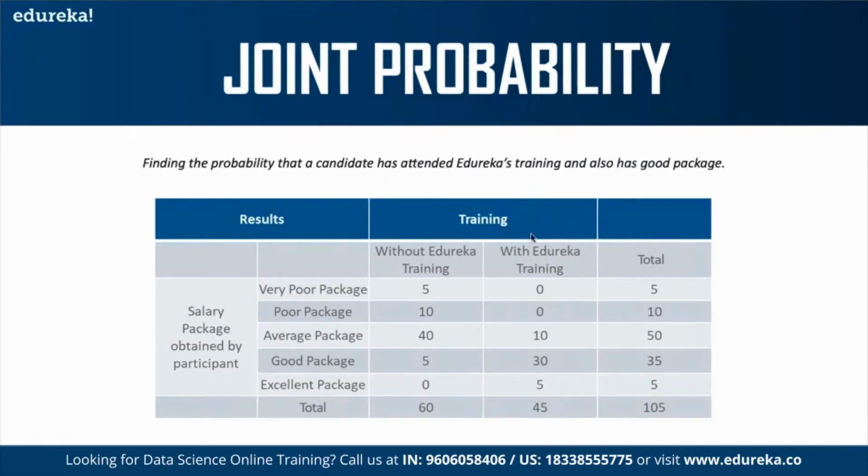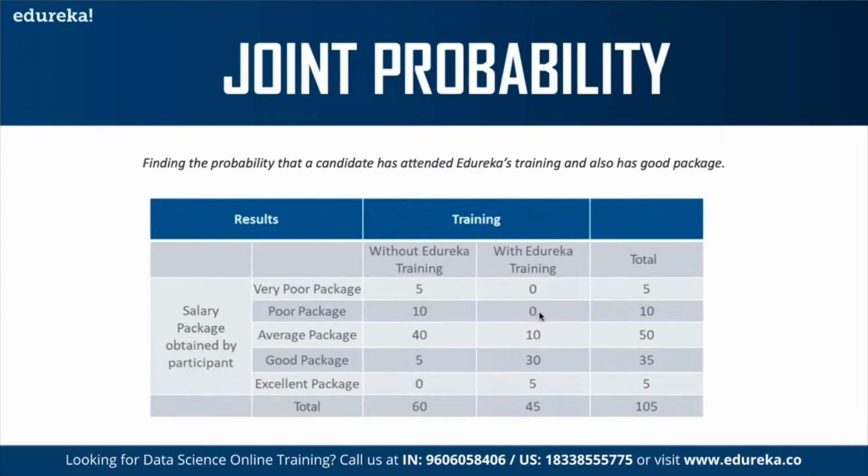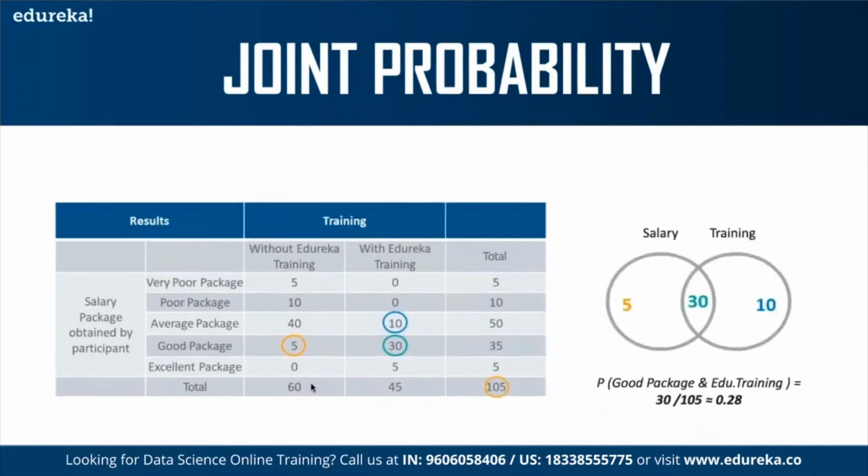And in the same way, if we had to find the probability that a candidate has attended Edureka's training and also has a good package, then in here we have to simply divide the good package with training and without training, right? And then we have to divide by the total number of packages, right? There's 30 is the common, right? And then we have the total number again as 105.